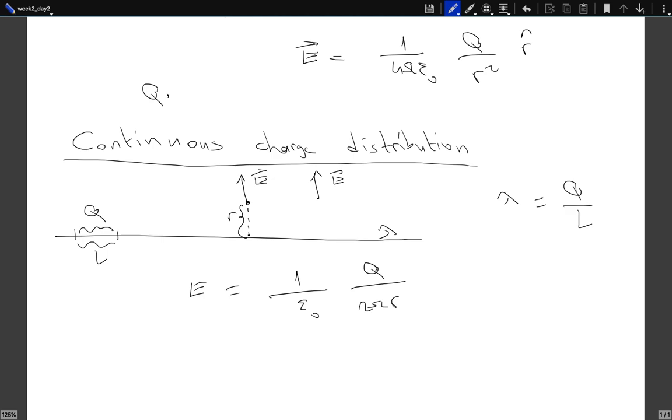Now, any questions on electric field? Well, both will be considered correct, but I would advise you to write with epsilon 0.